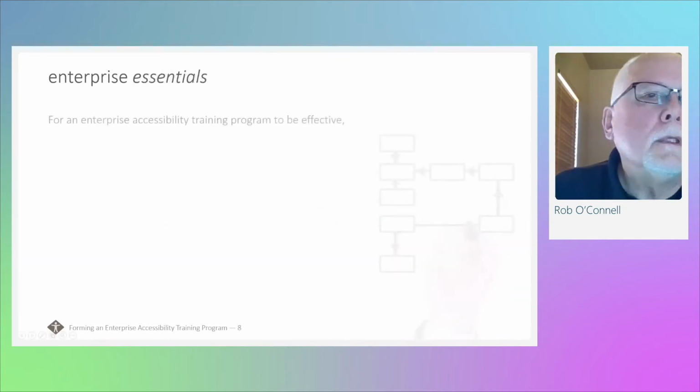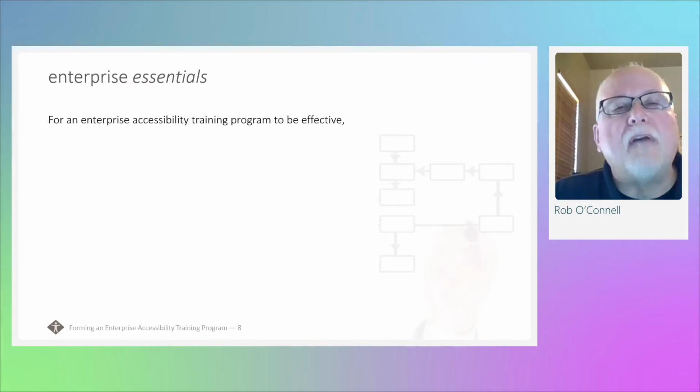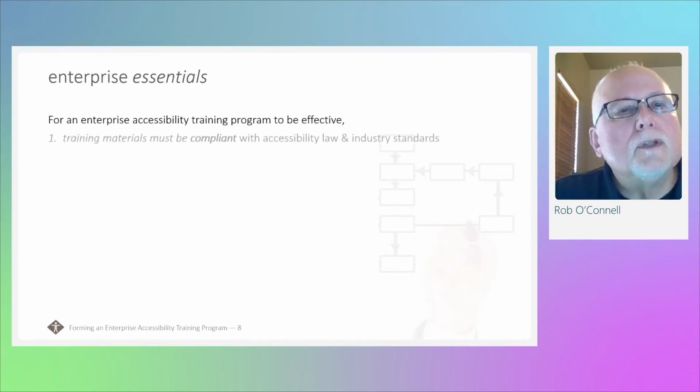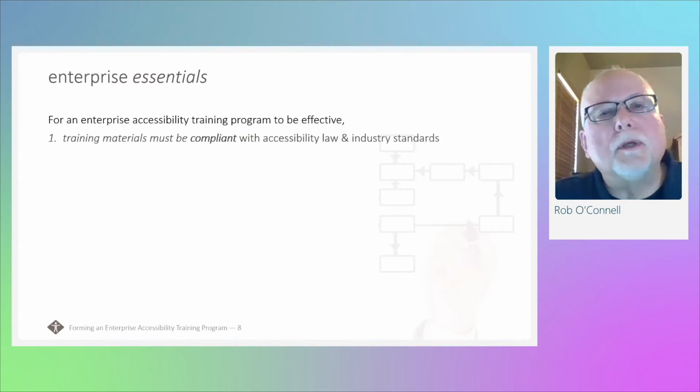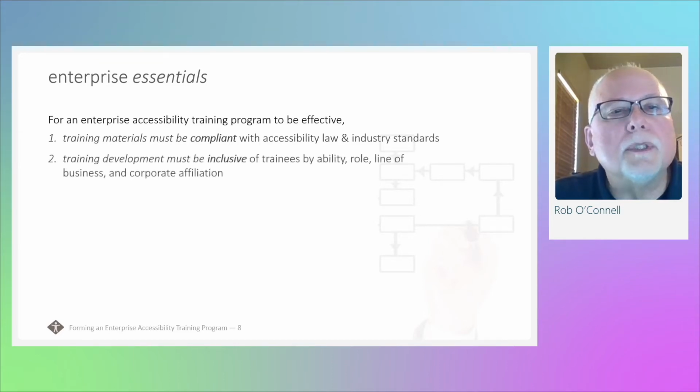So there were several essentials that we thought would have to be part of an enterprise training program. So for example, the training materials themselves would have to be compliant with accessibility law and industry standards. That's just a must-have for the materials themselves.